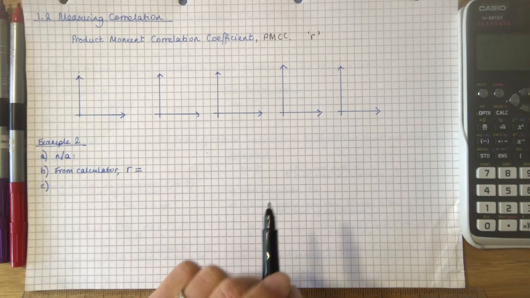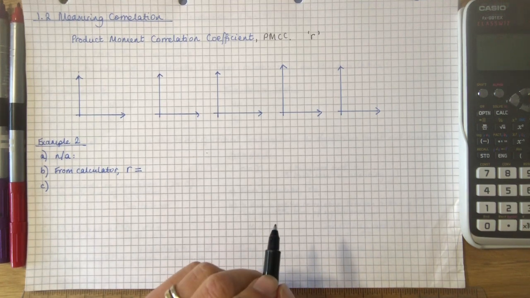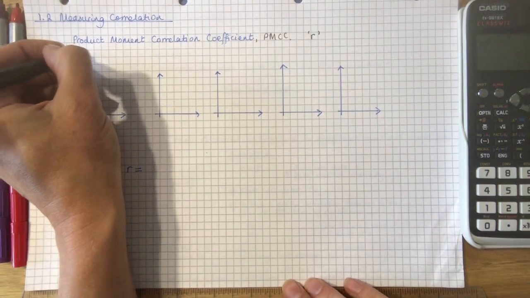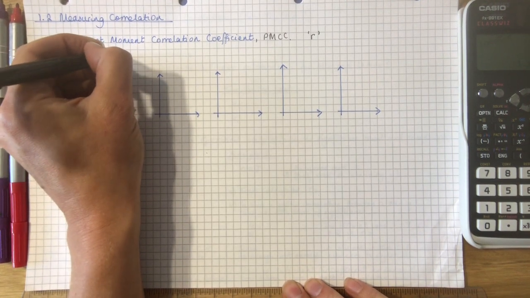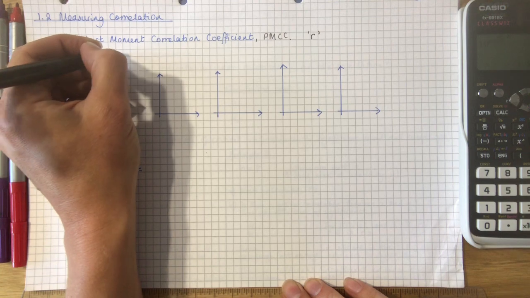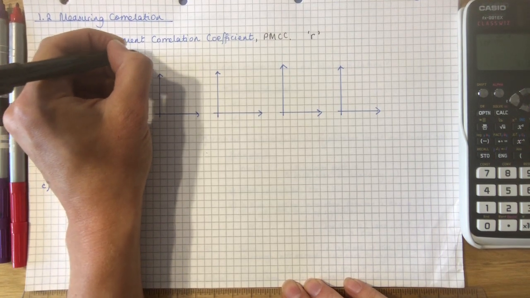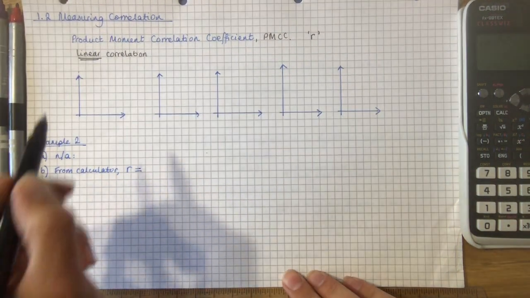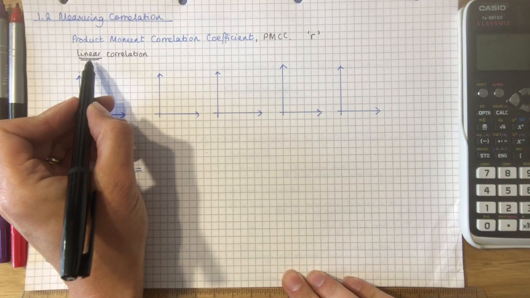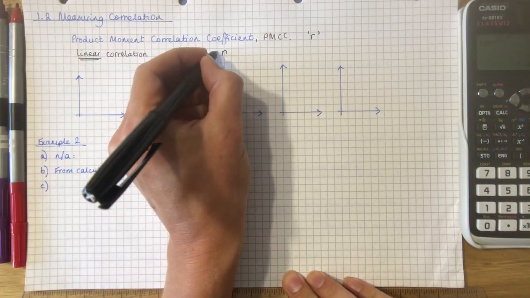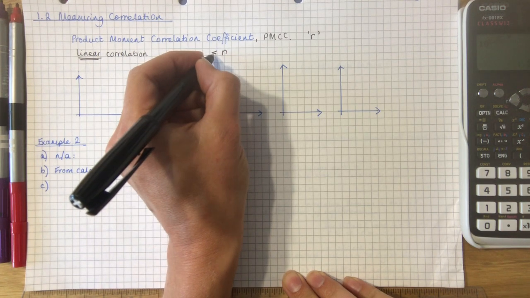Now, the PMCC describes a linear correlation. Got to be linear, got to be a straight line. If it's not linear, if it's any kind of curved correlation, then this does not apply. So a linear correlation between two variables, and it takes values between -1 and 1.